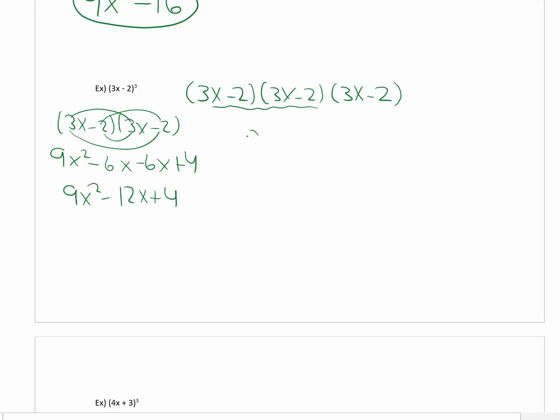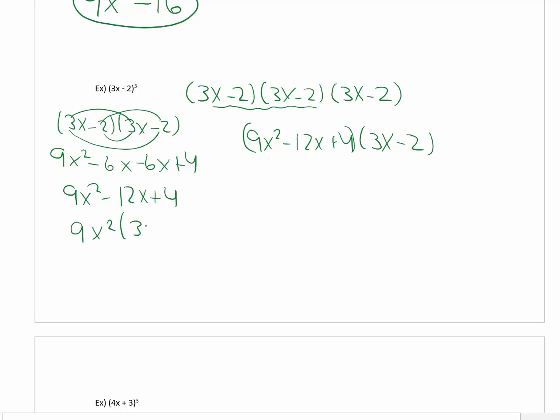So now I have 9x squared minus 12x plus 4 times 3x minus 2. I now have a trinomial times a binomial. So I cannot use the FOIL method, so I will use the distributive property here. So I'll do that down here.